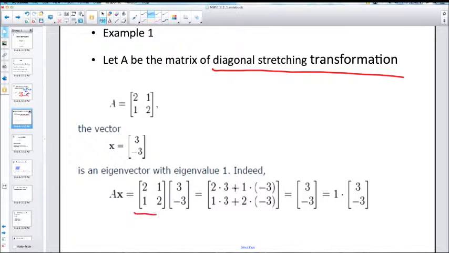If we multiply A to the x, 3, negative 3, so the first row times the first column, 2 times 3 plus 1 times negative 3, that's 6 minus 3 is 3. If you multiply second row to the first column, 1 times 3 plus 2 times negative 3, 3 minus 6, negative 3. And then we realize this is an eigenvector associated with the eigenvalue lambda equal 1.